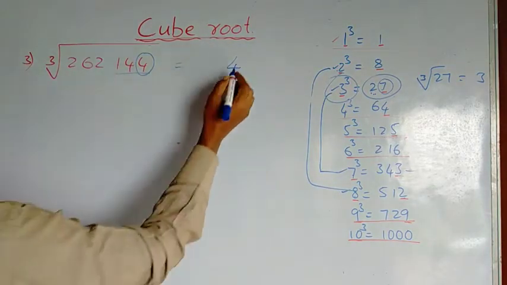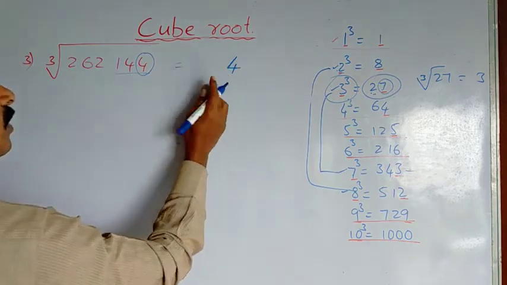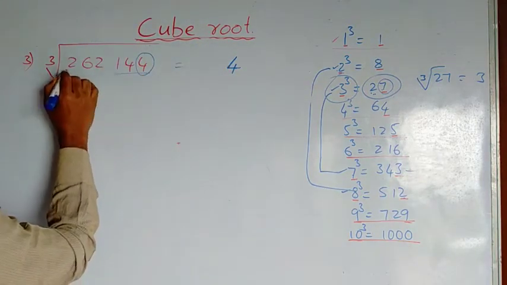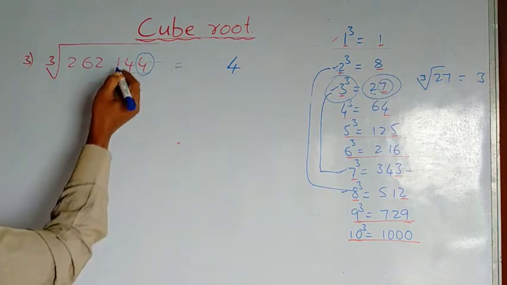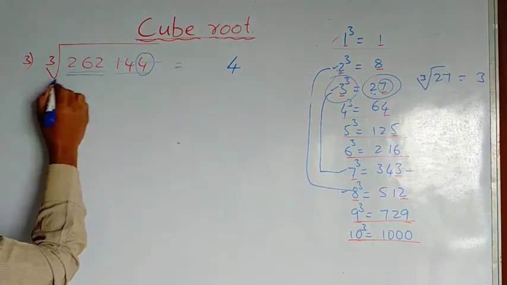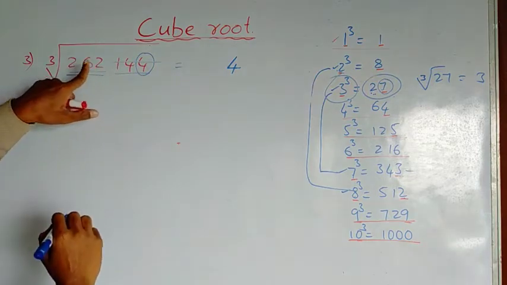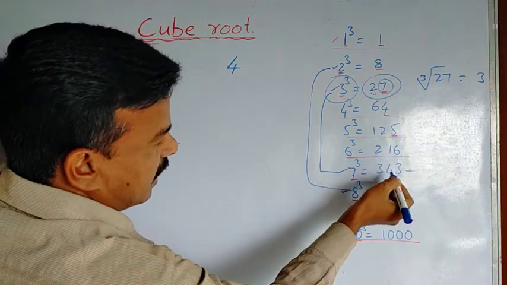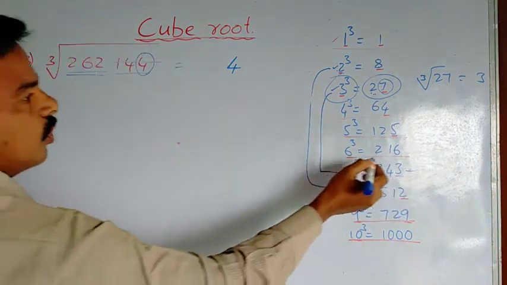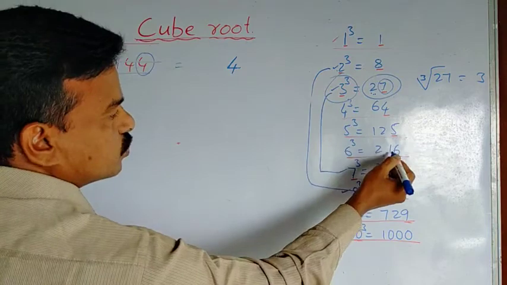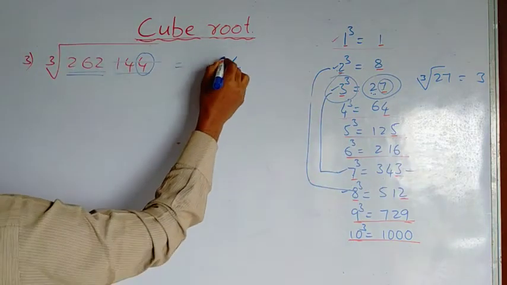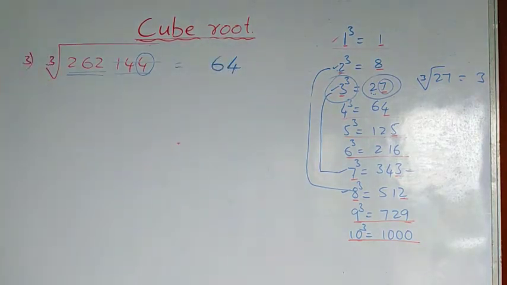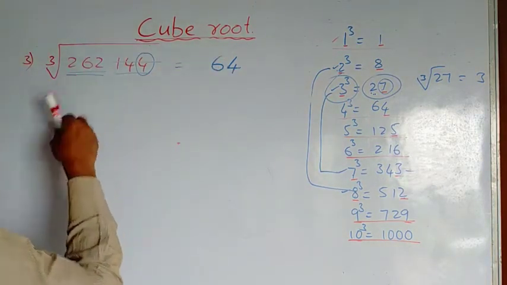Now we have to find the tens place digit. We remove these 3 digits, and the remaining digits are 262. 262 is more than 216 and less than 343. So the lesser number is 216, and the cube root of 216 is 6. So 6 is its tens place digit. That's it. 64 is the answer.